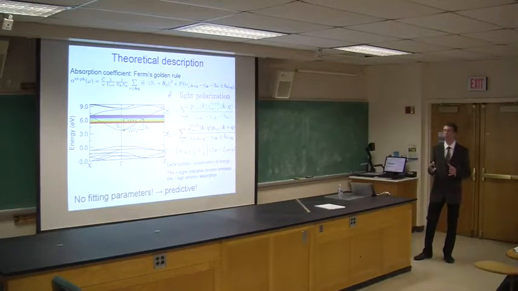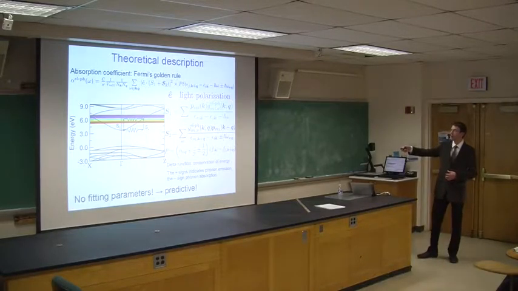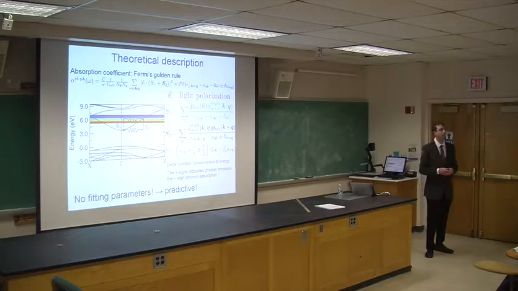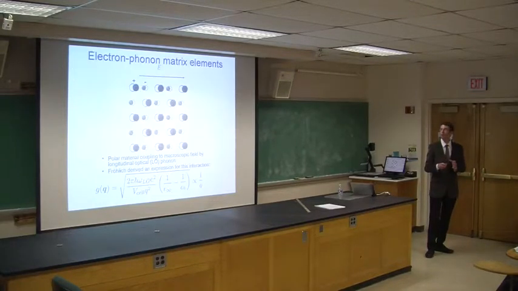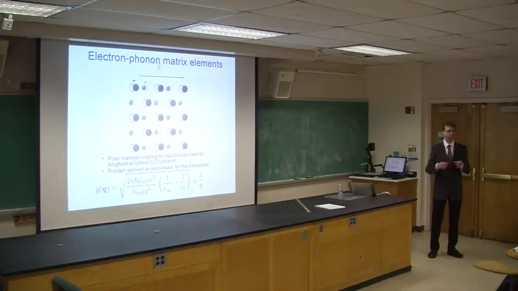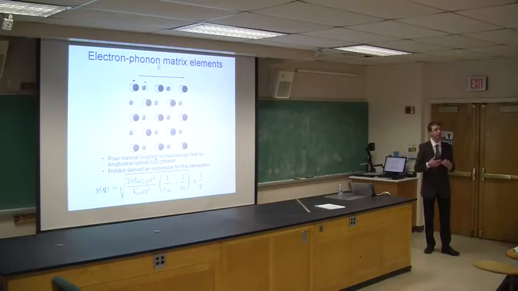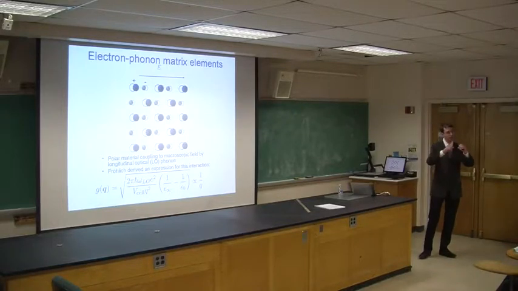But before I go into more of the computational details, let's have a brief discussion about this electron-phonon matrix element, because maybe not everyone is familiar with this. A very convenient way of thinking about this is in a polar material, where you have ions of opposite charge and a longitudinal optical phonon. What will happen is that your ions will move in opposite directions, which will create an electric field in your material.